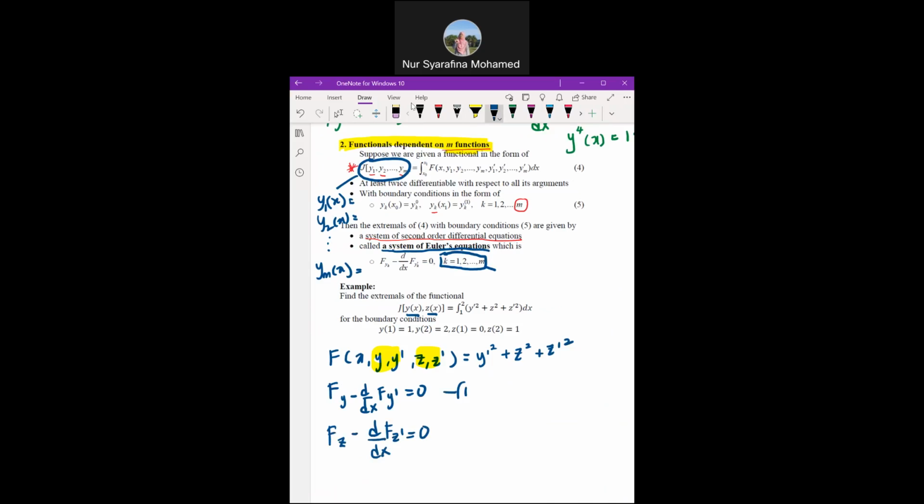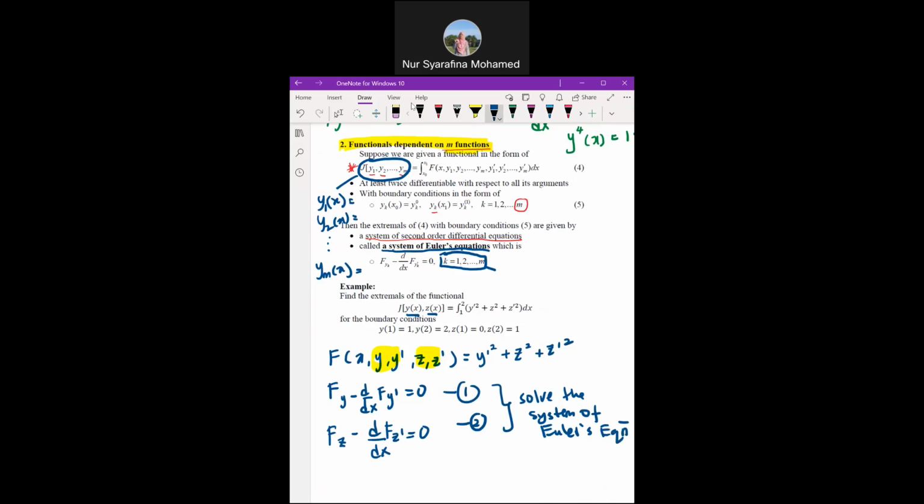So we have two Euler equations. Solving this means we solve the system of Euler's equations. Remember, we are still focusing on finding the extremal, but it depends on what type of extremal we want to find, just like in our last class, where we had a functional consisting of f(x, y, y prime).